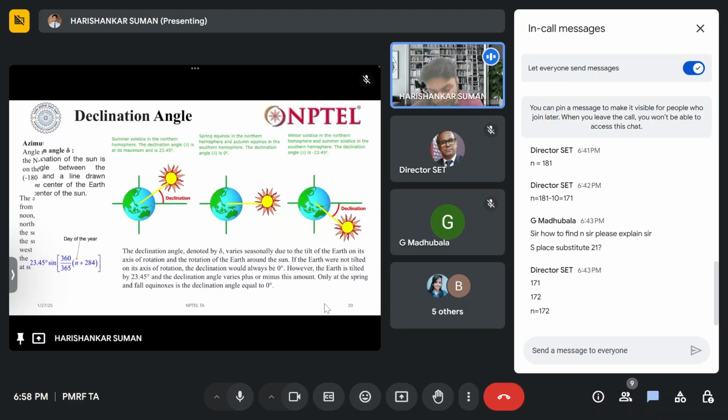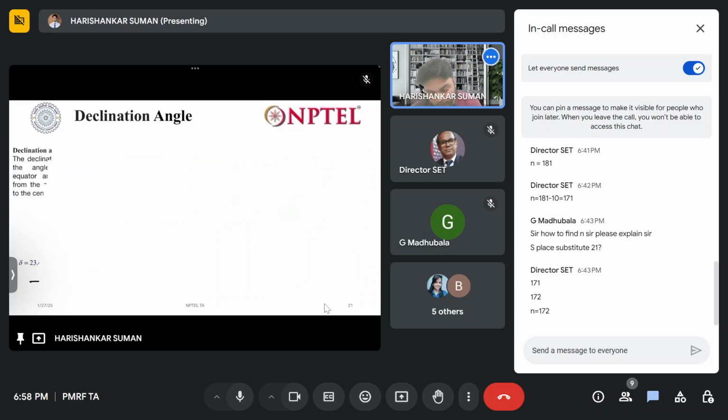Let's discuss next. The declination angle we have already seen. This is the formula. Find the approximate value of the solar declination angle on January 27th of 2025, today. What is the solar declination angle today for our Earth?